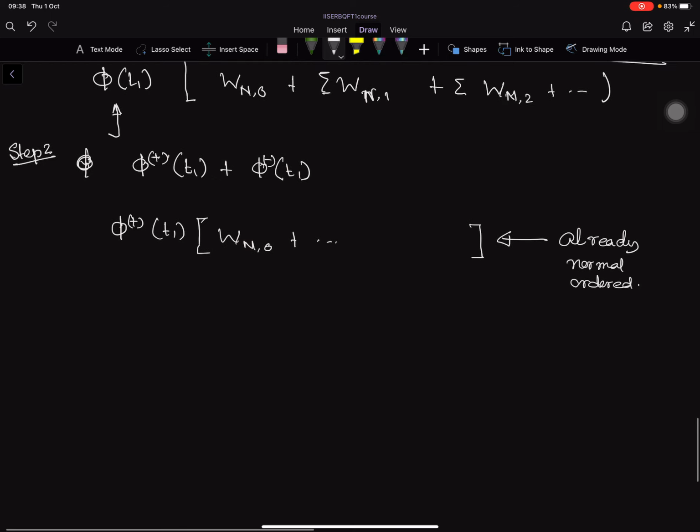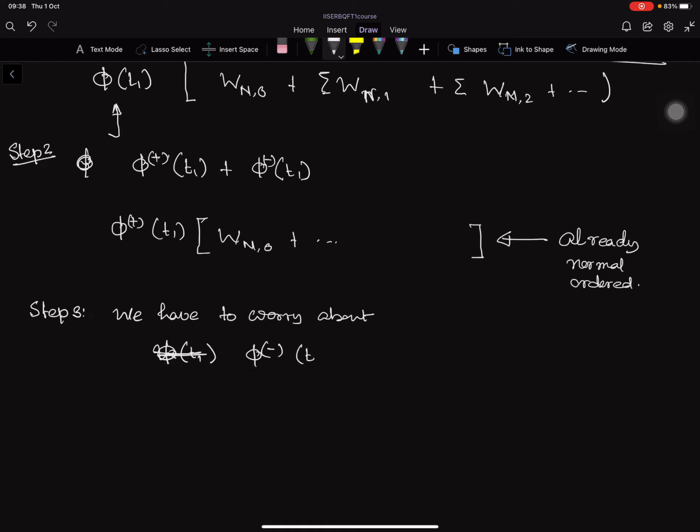So we have to worry, in step 3, about phi minus T1.